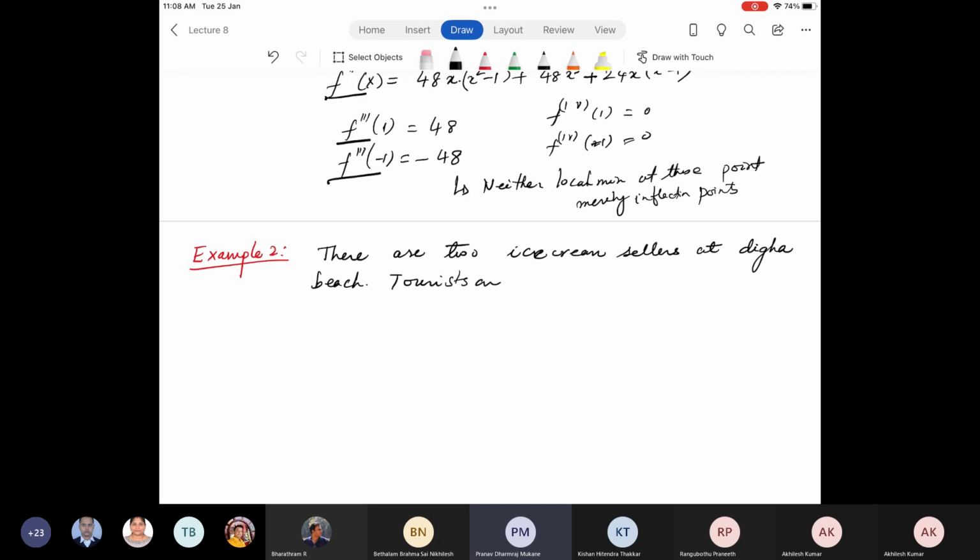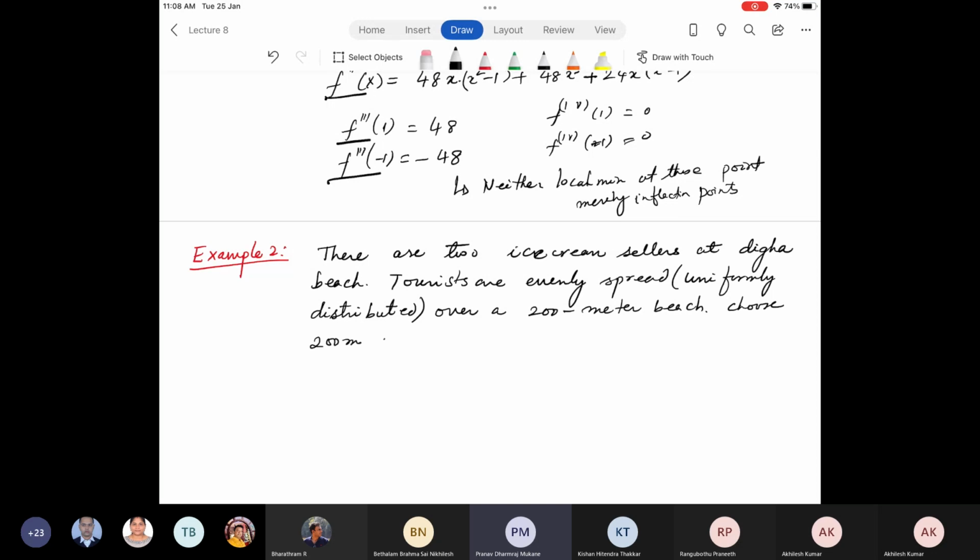Tourists are evenly spread, that means uniformly distributed, over a 200-meter beach. Choose 200 meters as a unit length.